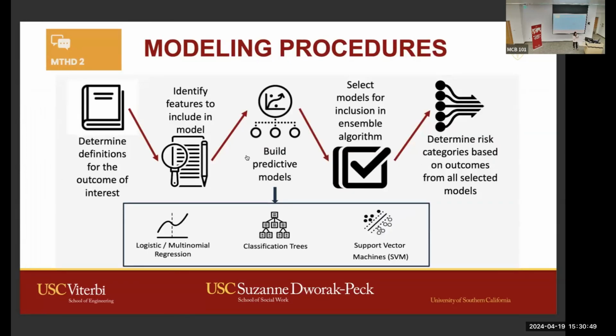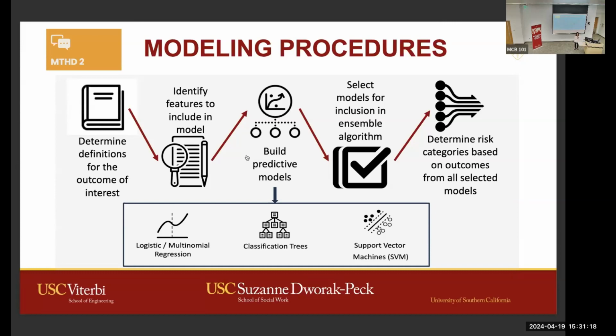Our process is pretty much these 5 simple steps. Not simple, but it's a lot of months of effort. First, determine how we identify the outcome of interest, uncontrolled diabetes. Then identify features, including medical, demographic, clinical, other health conditions, and health utilization, and select the features. Then build the predictive models.